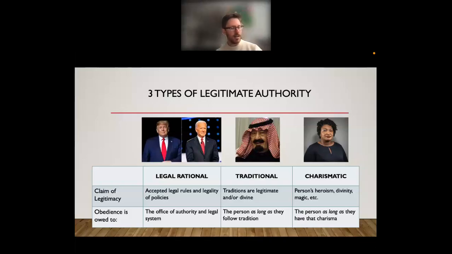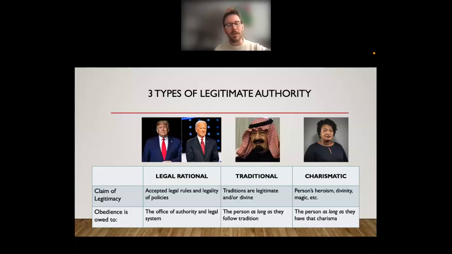She is not an elected official, so she does not necessarily have an office by which people have given authority. She has not inherited a traditional position of authority. And so people are not giving her obedience or following her because of any traditional system. Instead, she has some charisma that people find compelling enough to follow her and to accept her leadership. So she has charismatic authority.